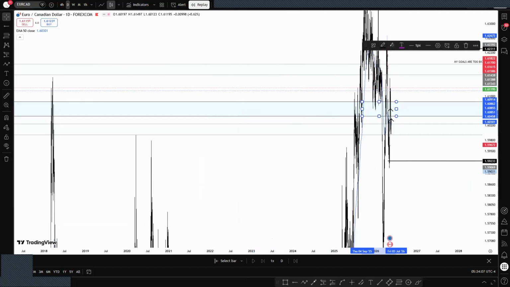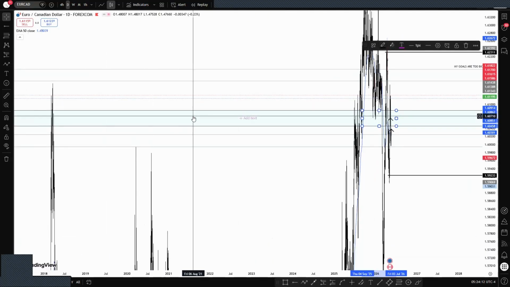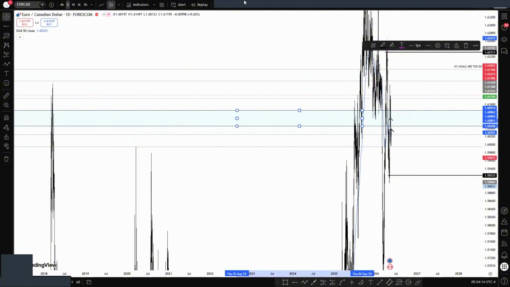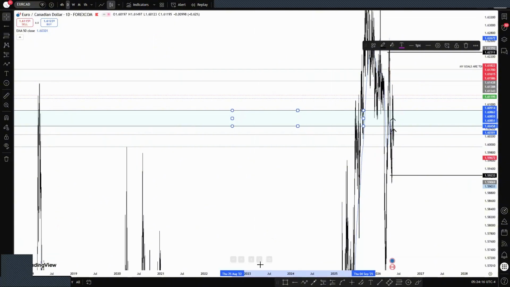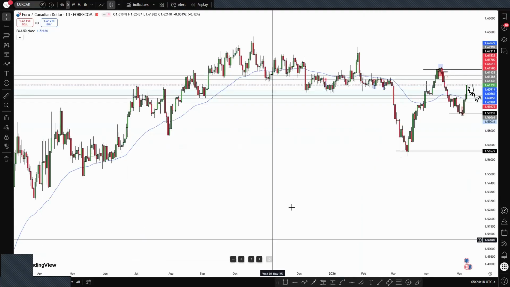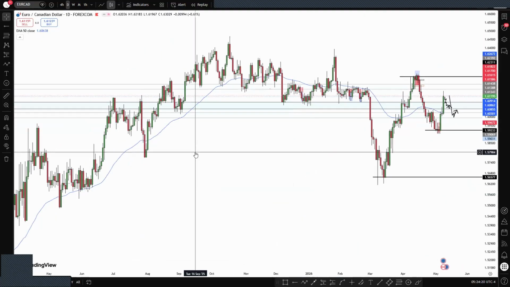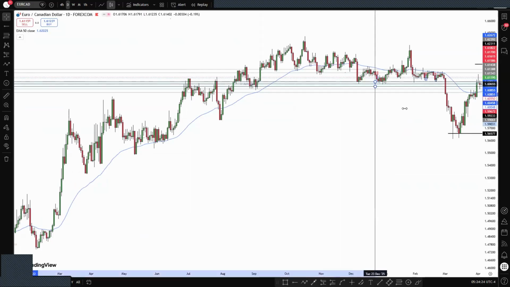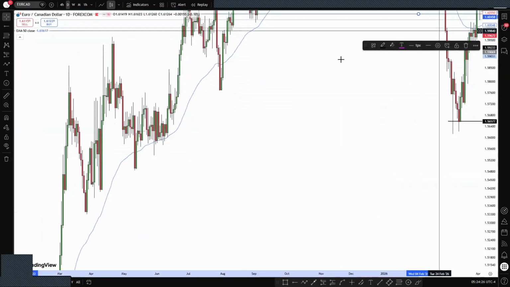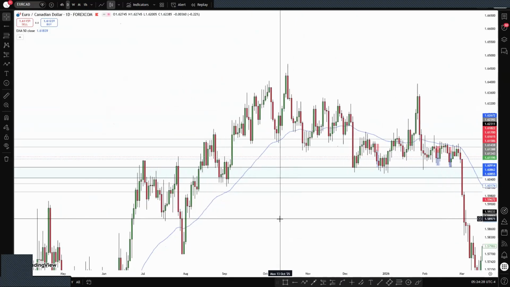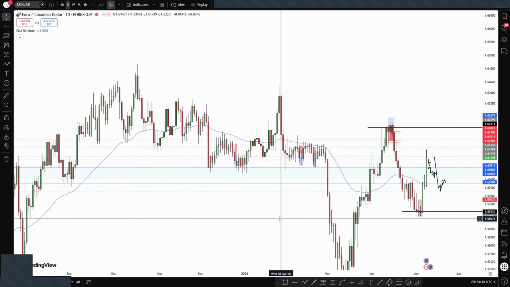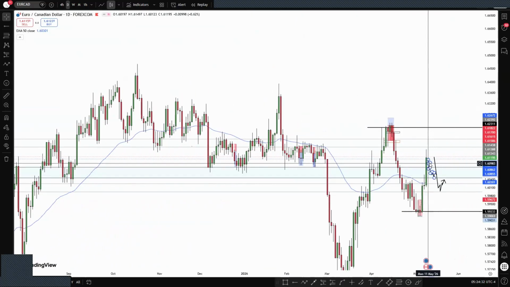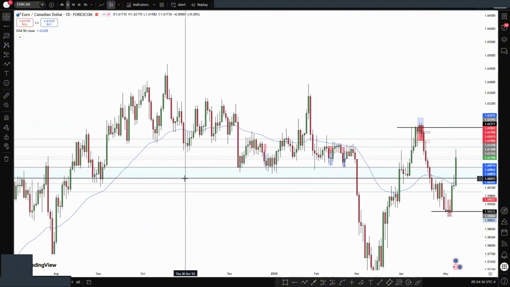Okay, let's try to make this clean. Well, I think the level is just too big. The level is very much okay, but it's too big. Mind you, we're looking for buys.